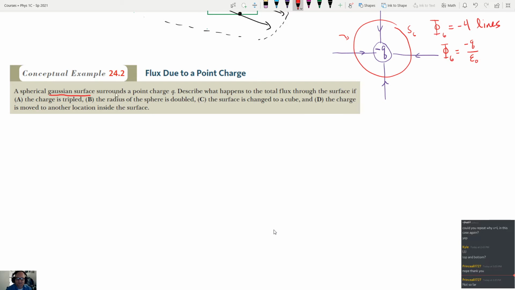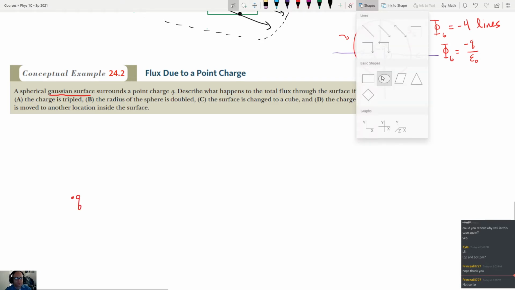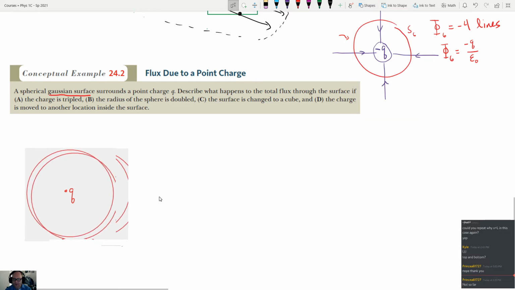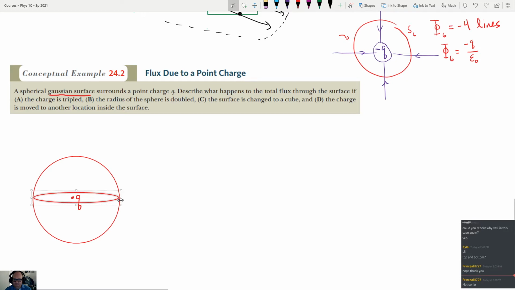A spherical Gaussian surface surrounds point charge Q. All right, so point charge Q. Get a sphere, put it around it, like there, maybe. And actually make it a sphere. So this is our Gaussian surface.